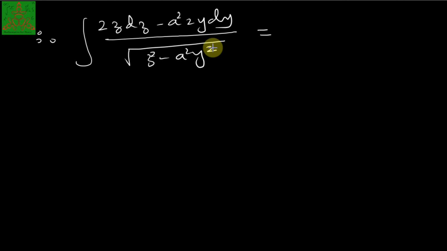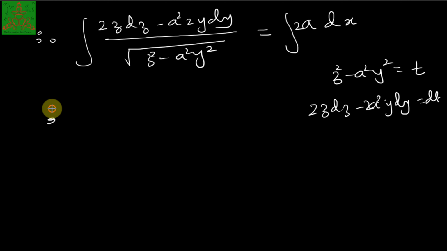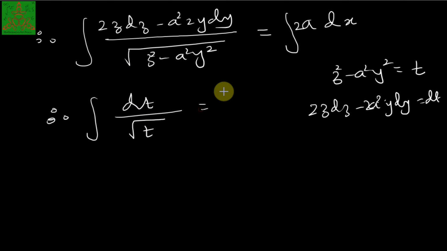Now, if I take z square minus a square y square as t, that gives me 2z dz minus a square 2y dy is equal to dt. So that quantity is nothing but dt upon square root of t is equal to 2a dx.